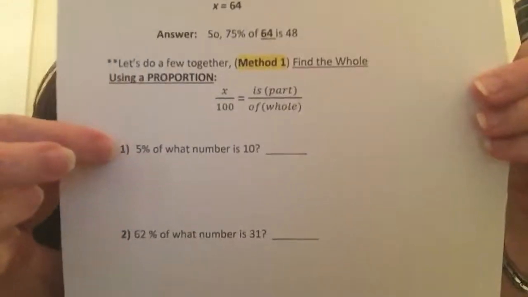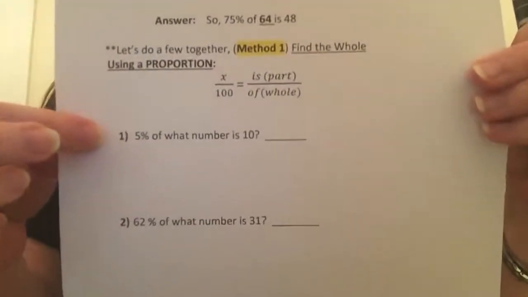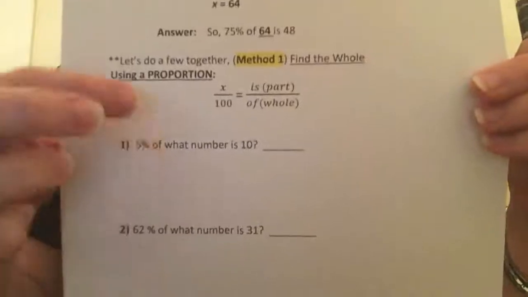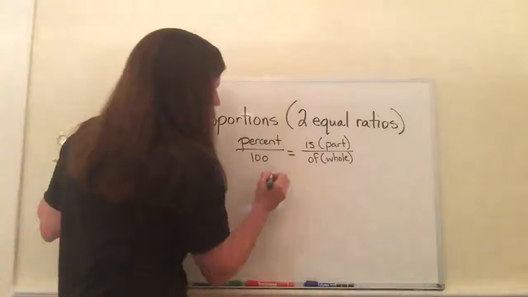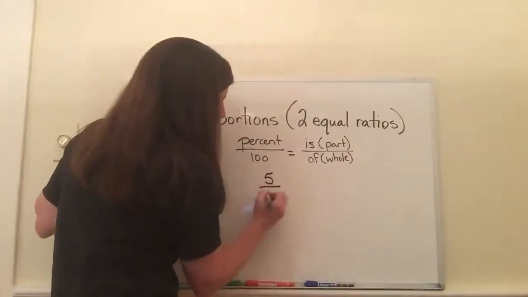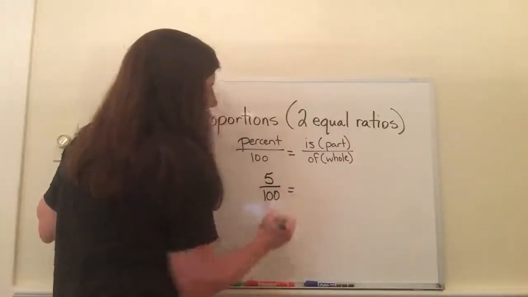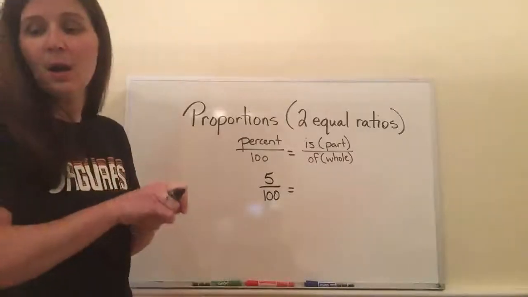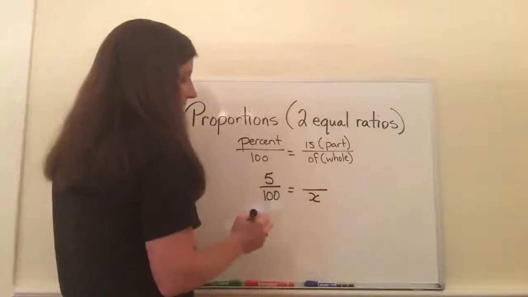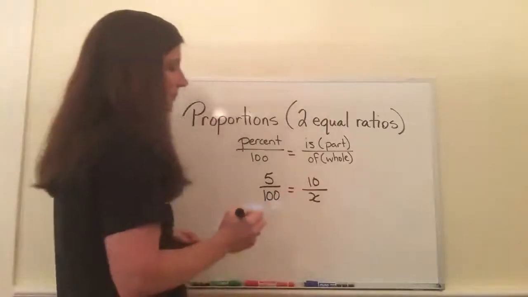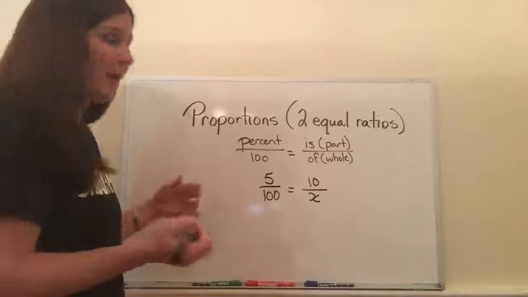So for number 1, 5% of what number is 10? So for 5%, I'm going to put 5 per 100 of what number is 10? So now I'm going to cross multiply.